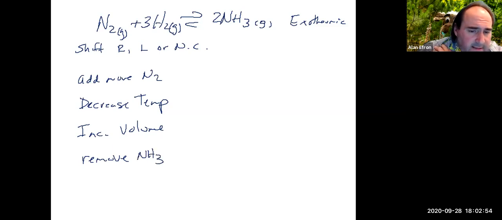Let's add some H2. All right, so take a second and try to figure out what happens in each of those cases. Will it shift to the right, shift to the left, or no change if we do all these things?